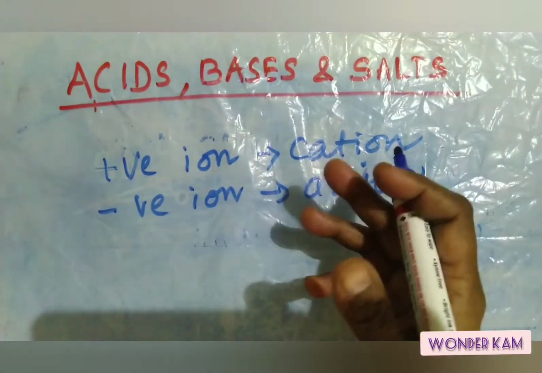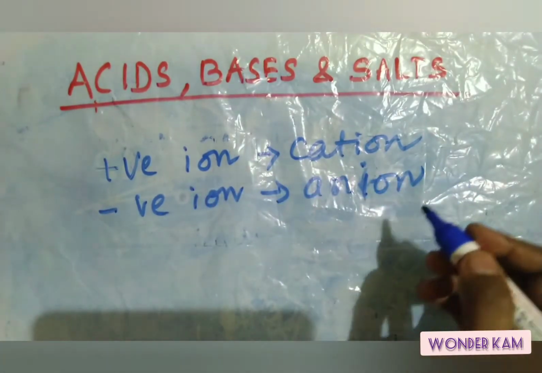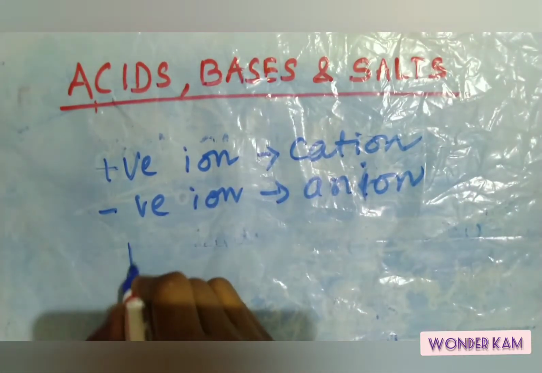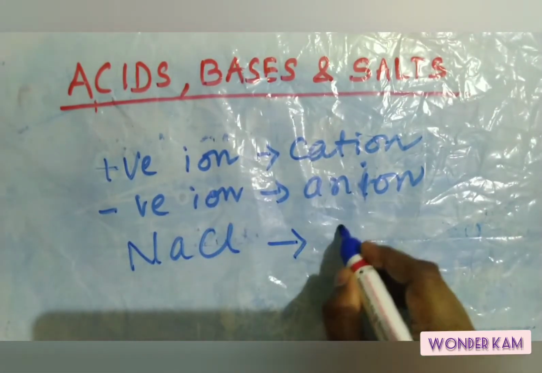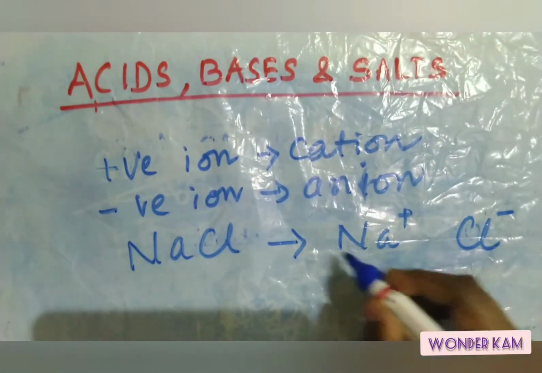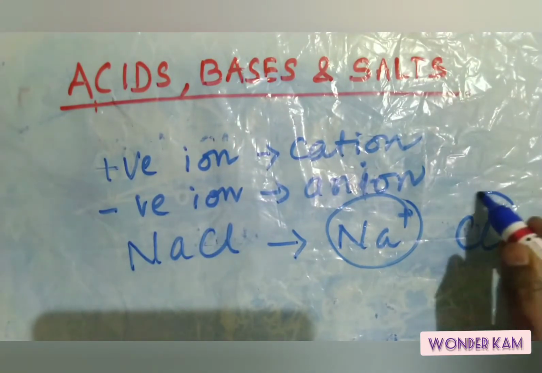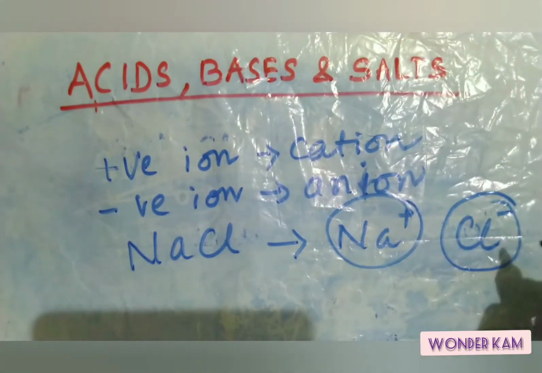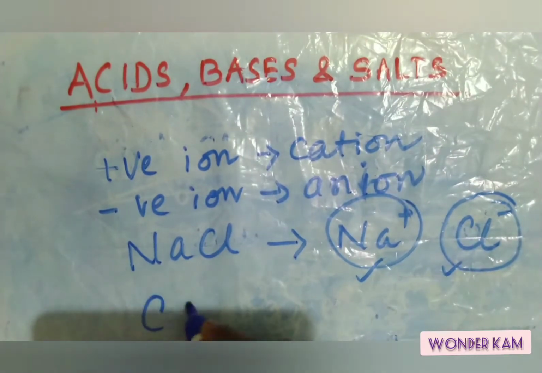So all salts contain one positive ion and one negative ion. For example, sodium chloride contains Na+ and Cl-. The positive ion is Na+ or the sodium ion, and the chloride ion is the anion. This is the cation, this is the anion.